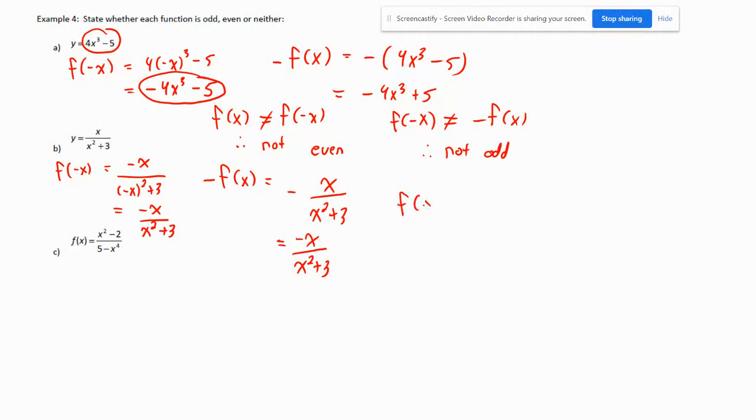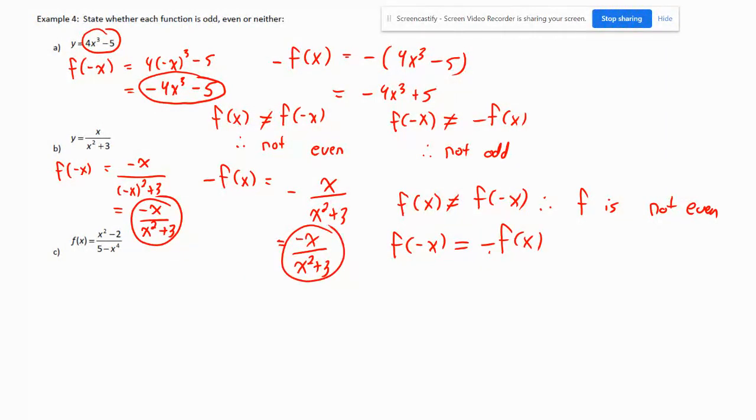So f of x does not equal f of negative x. Therefore, f is not even. But in this case, f of negative x does equal negative f of x. So this function is the same as this function over here, f of negative x and negative f of x. Therefore, f is odd.